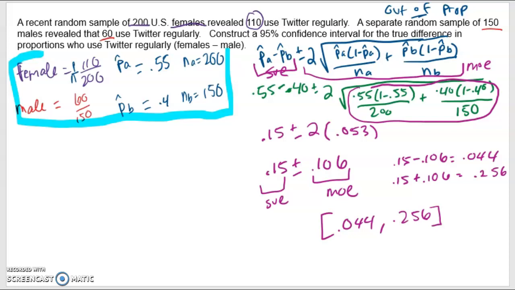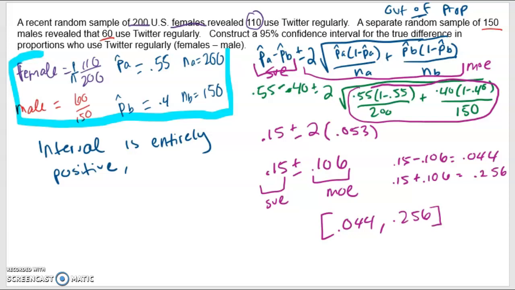Because the interval is entirely positive, that means that within that 95% confidence interval, in every single instance, females were using Twitter more than males.